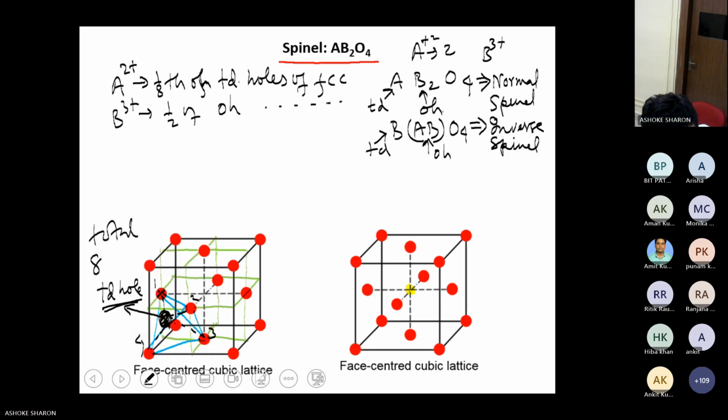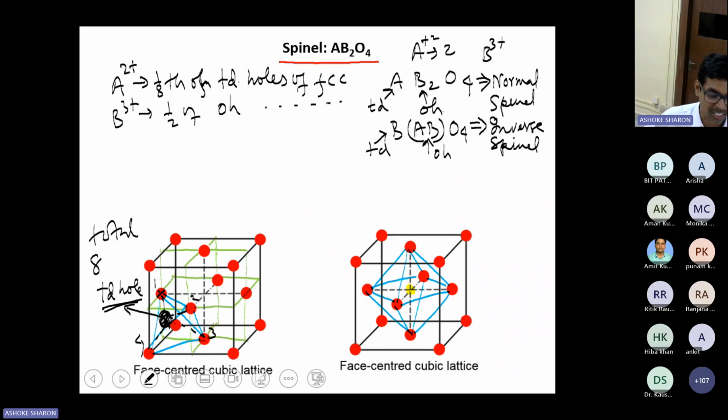You see, what is this? This is an octahedron. That yellow point is an octahedral center where there is no lattice point. So this is the octahedral hole.